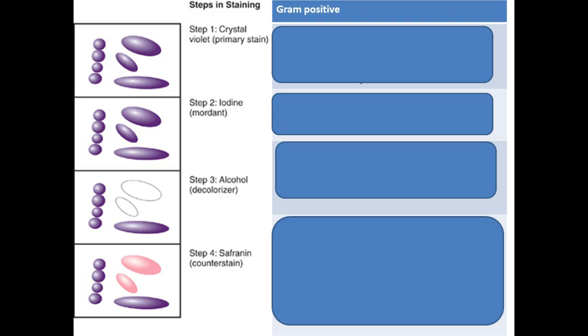Inside the cell, because cells have a negative charge and crystal violet, a basic stain, has a positive charge. What do we know about opposites? They attract. So that's why the inside is stained: a basic, positively charged stain and a negatively charged cell. So it goes in, and this happens for all the cells in the picture. Everything gets stained.